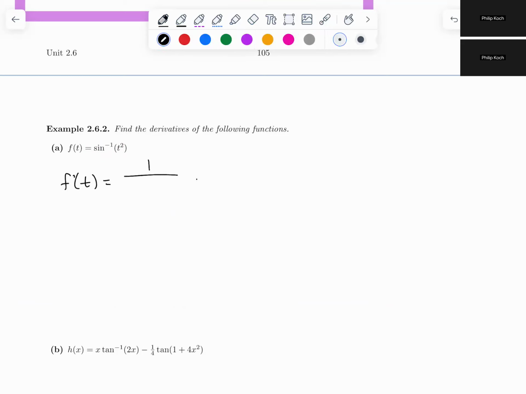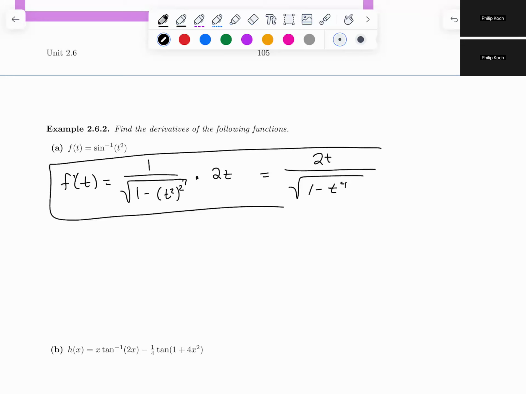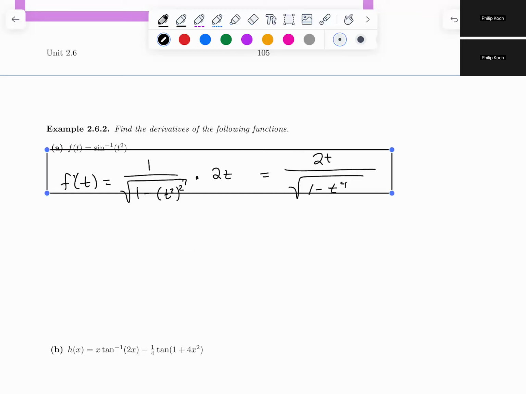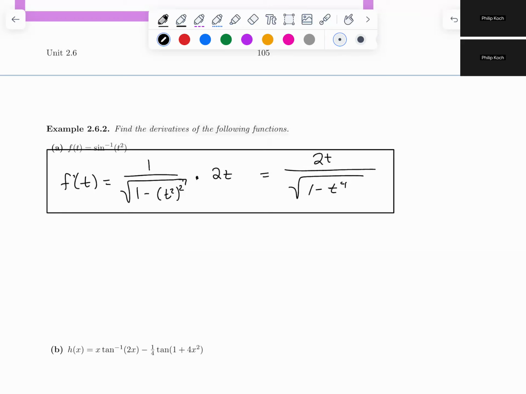So it should be 1 over the square root of 1 minus t squared squared, times 2t. Or 2t over the square root of 1 minus t to the fourth. Since we're not using this derivative for anything, we can leave it in the unsimplified form, but I just wanted to make it look pretty because it wasn't too much work.